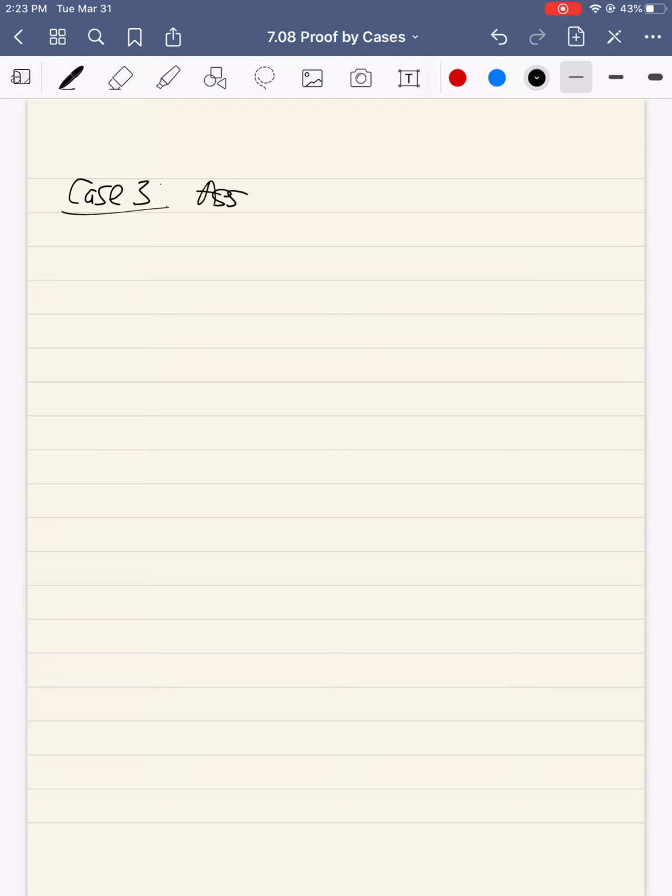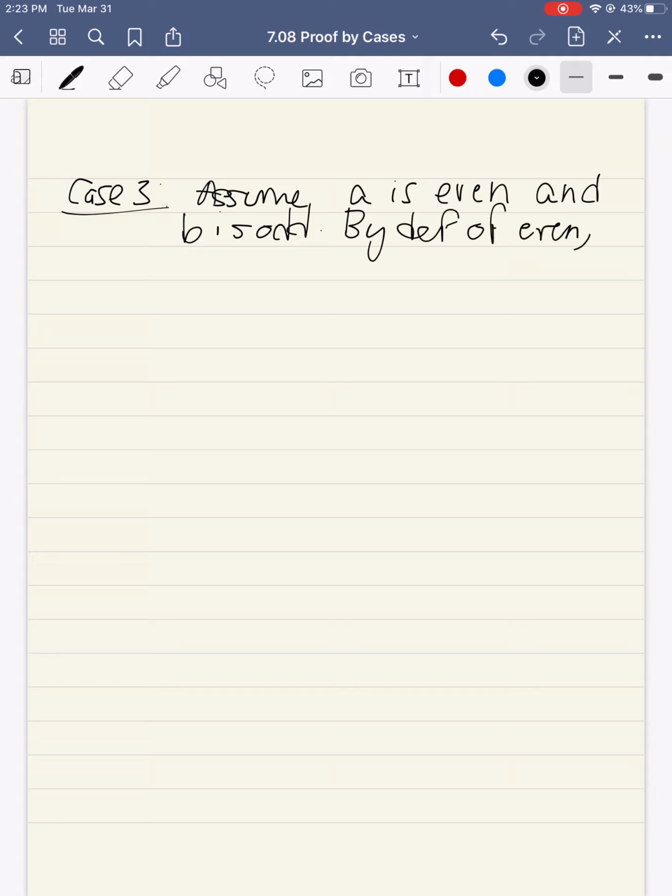So our last case, assume A is even and B is odd. By our definition of even, there exists a j, an integer, such that A equals 2j.